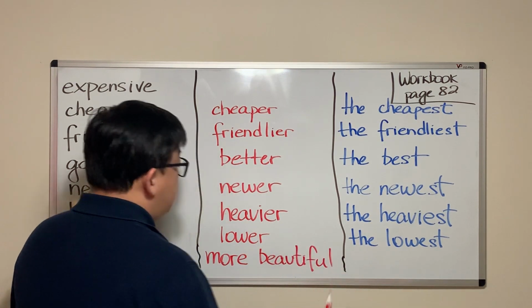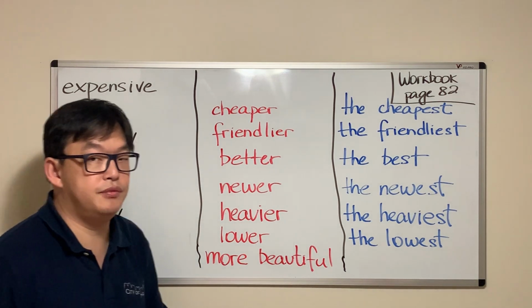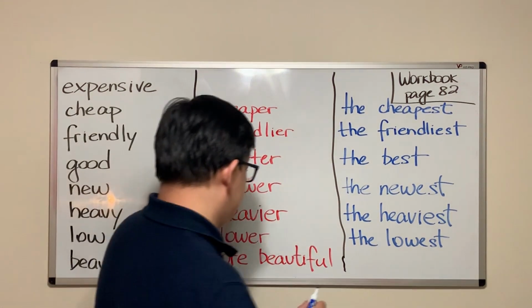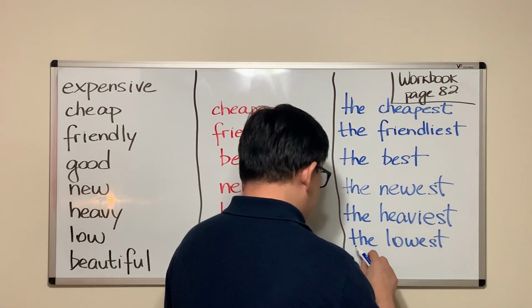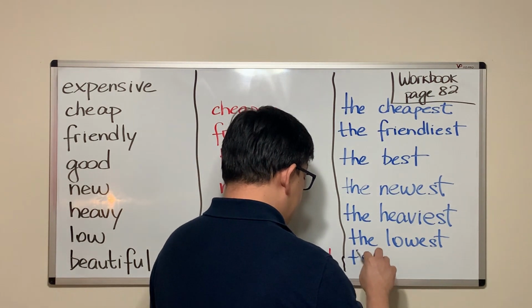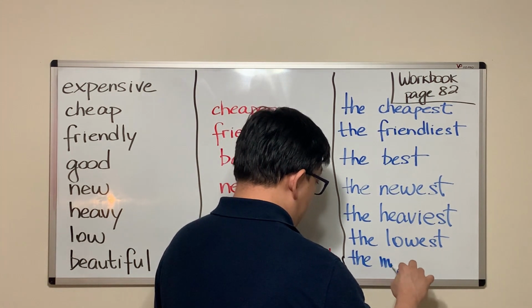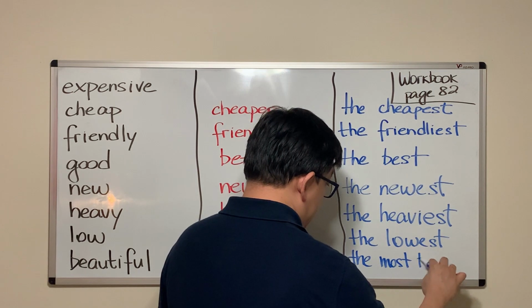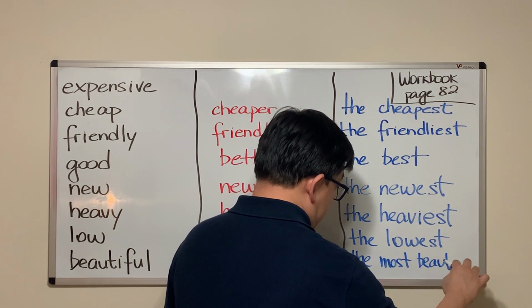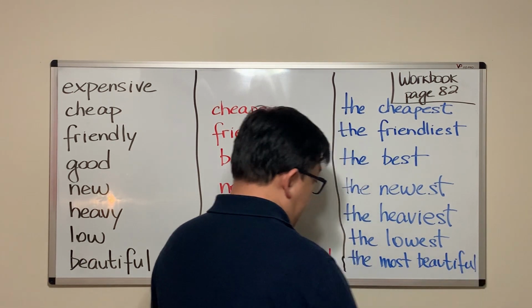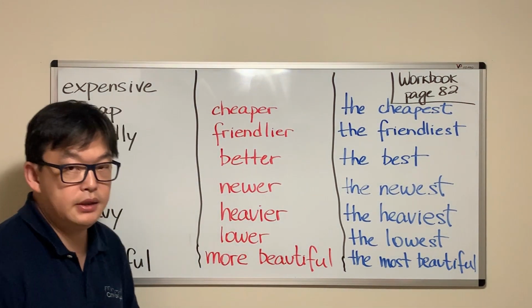There is no beautifuler. This is wrong. And the same with superlative, the most beautiful. Okay? Easy, right?